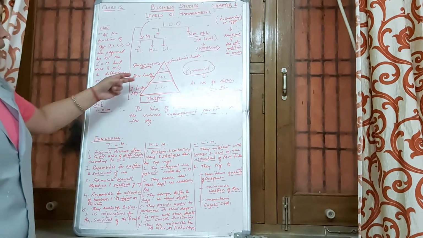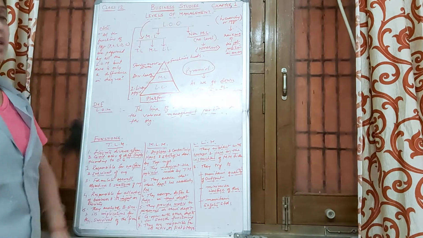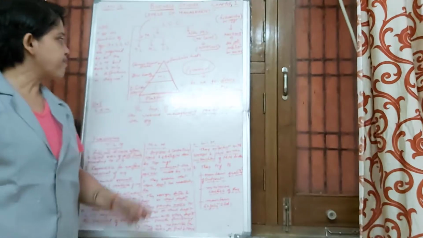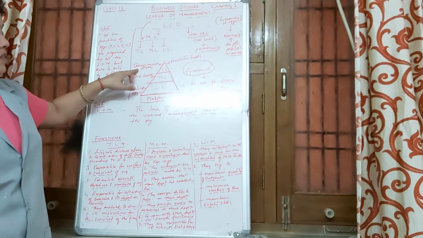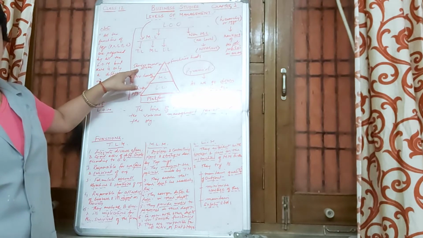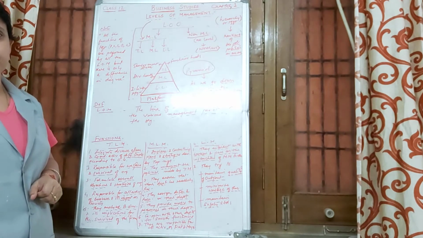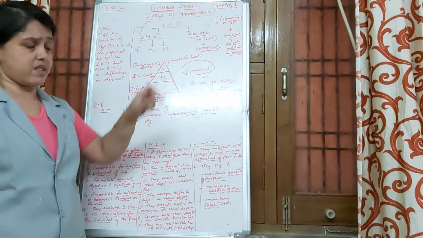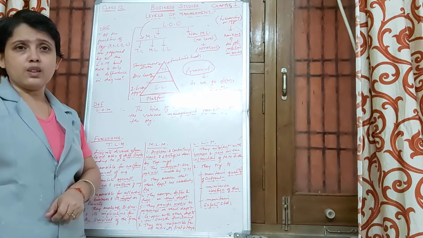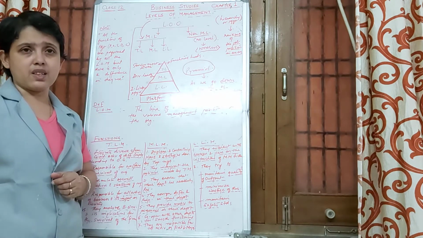Now, what is top level, what is middle level, and what is lower level of management? Top level means the senior most executives, they work at the top level management, and they are basically the functional heads. You must have heard different designations given to them.